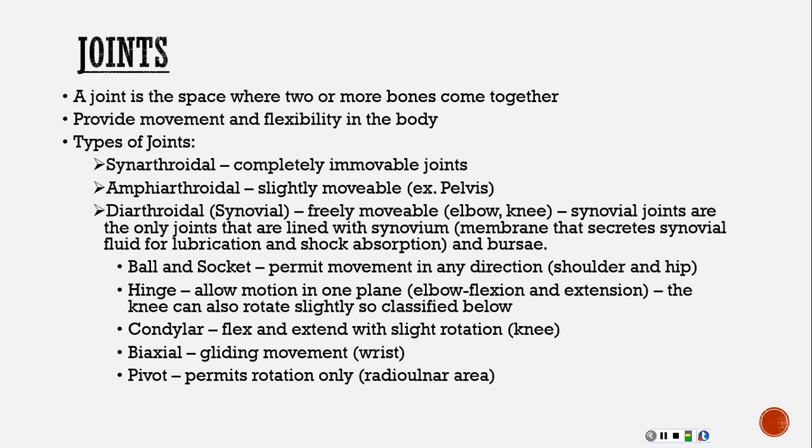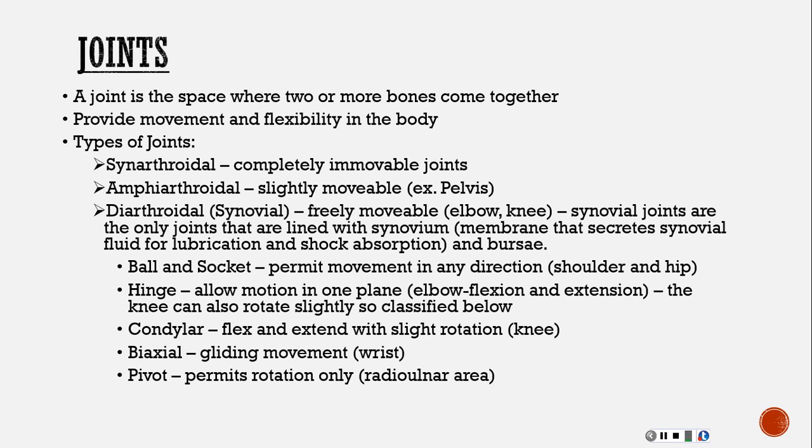Okay. The joints. A joint is a space where two or more bones come together. It provides movement and flexibility in the body. There are different types, and this is important. You need to know these different types. Synarthrodial joints are completely immovable joints.